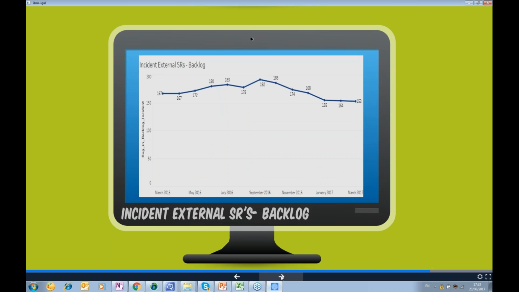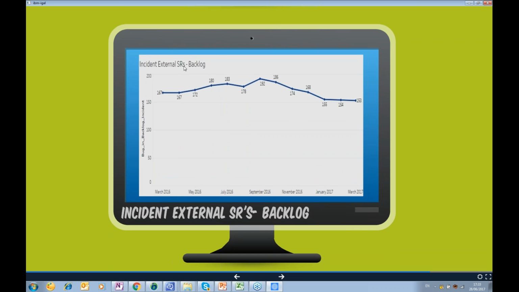Another indication is the external SRs. SRs are actually defects, the backlog of the external. So customers are reporting on tickets, and we were not always able to respond on time, but we put a target that we want to see, from one PI to another PI, a reduction of at least 5%.